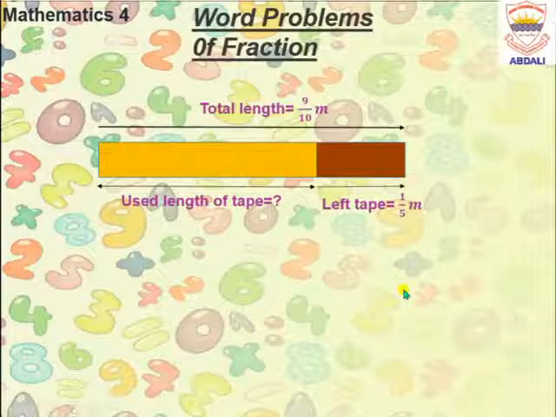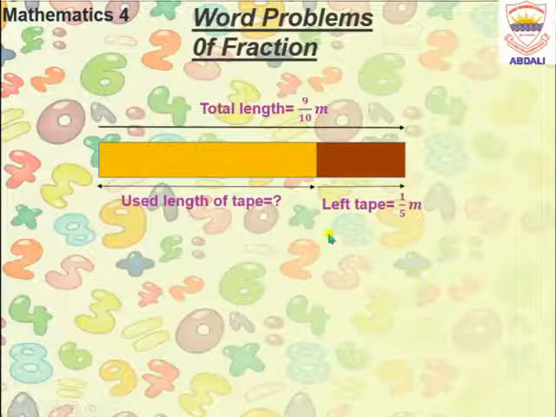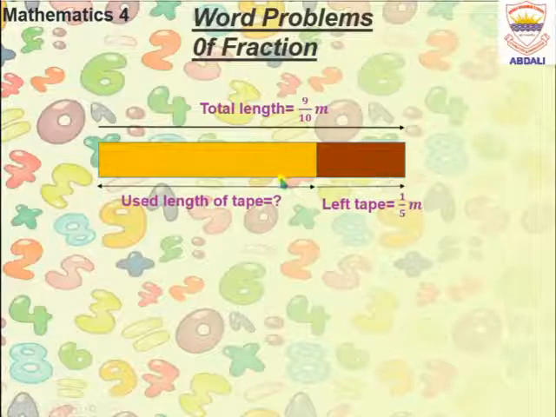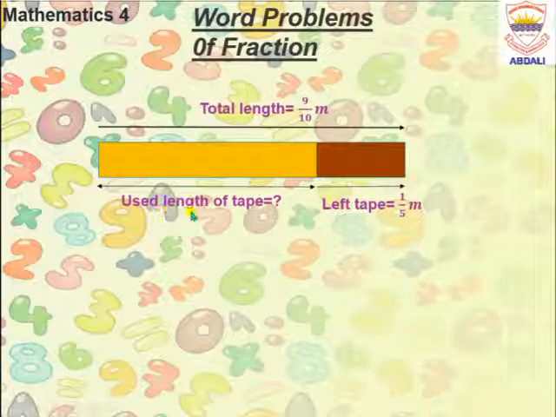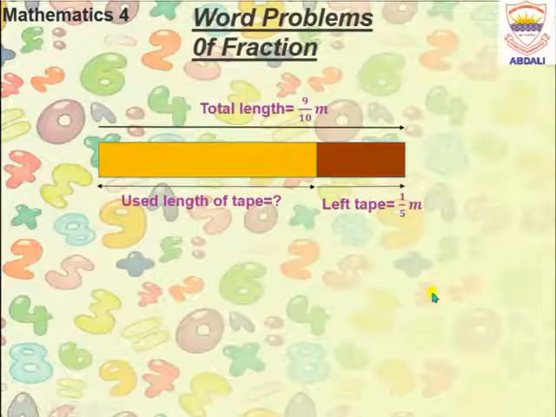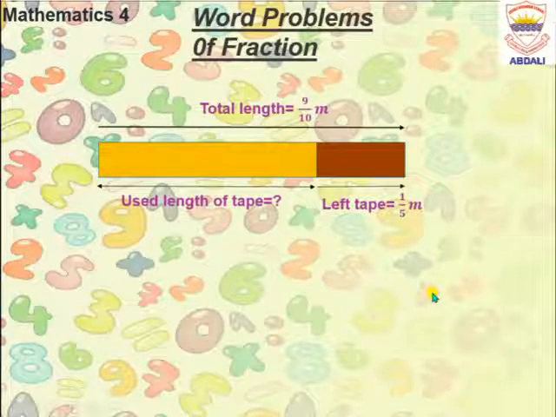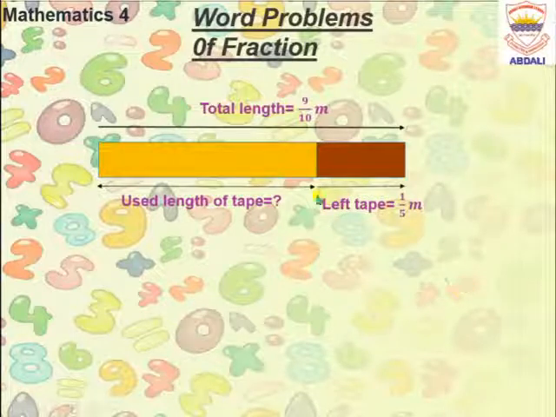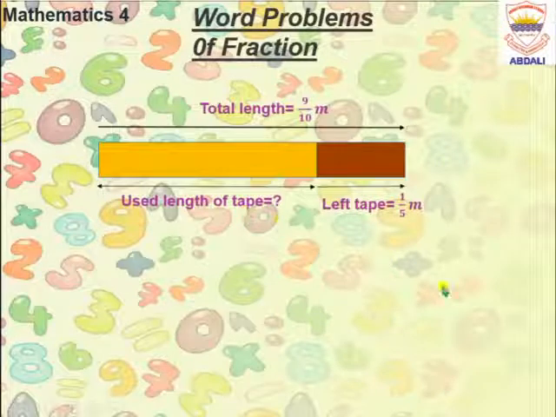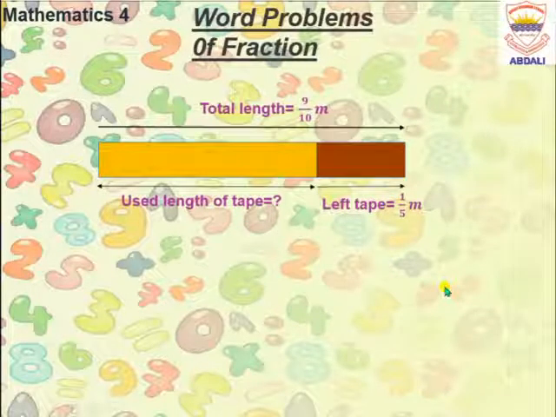By seeing the diagram, you can see here I have the total amount of tape, here I have the left tape. So for finding out the used length of tape, what do we need to do? Think about it and tell me.